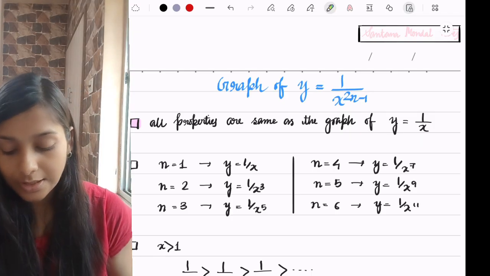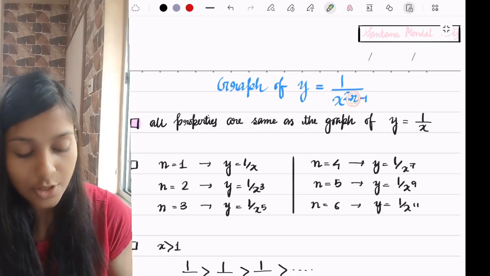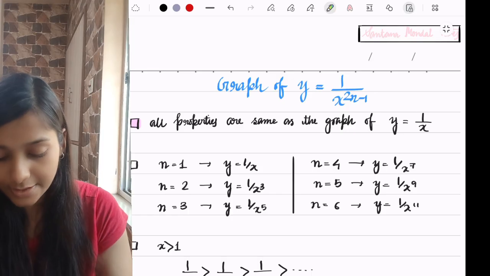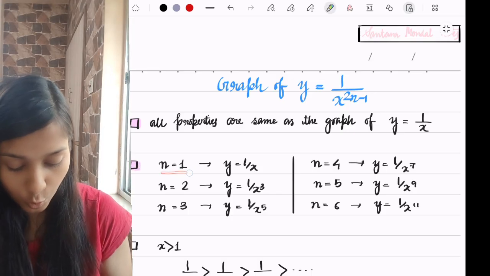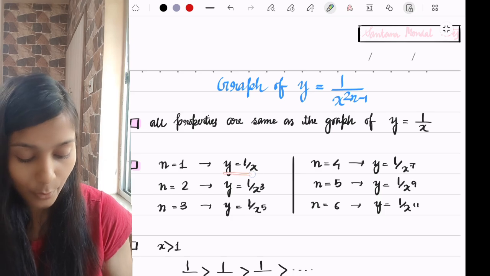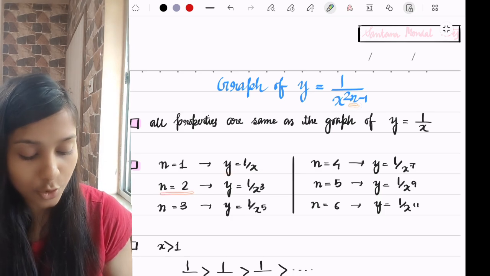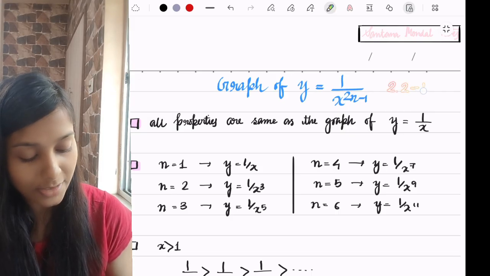Now for different values of n, we will obtain different functions. For example, for n equals 1, we get the function y equals 1 by x. For n equals 2, if we put 2 here, then we get 2 into 2 minus 1, that is 3.